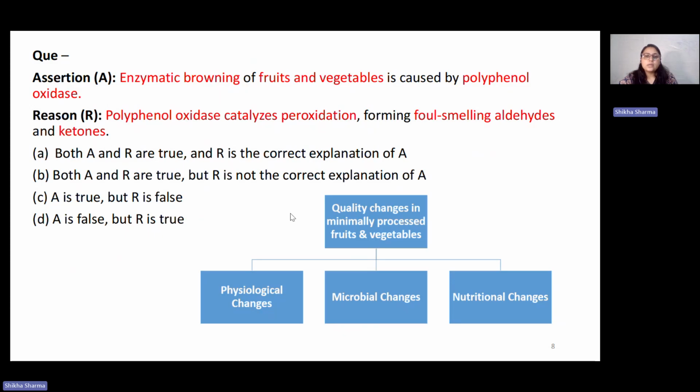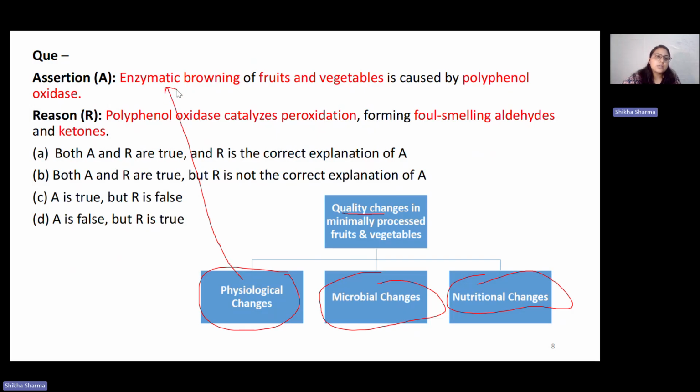When we are having minimally processed fruits and vegetables, different quality changes can occur in them, like physiological changes, microbiological changes, and nutritional level changes. In the physiological changes, this enzymatic browning comes.